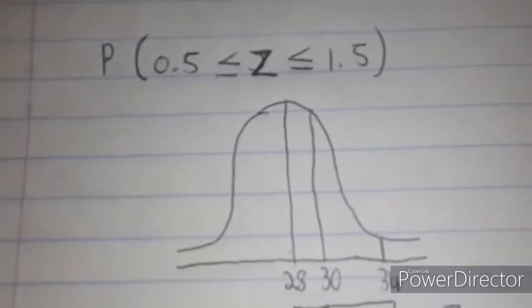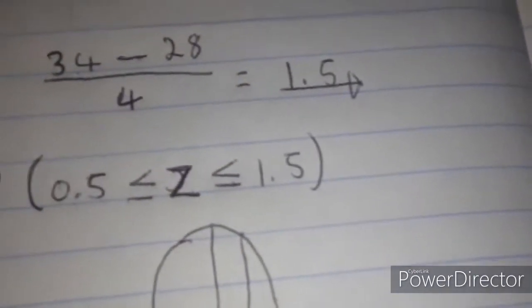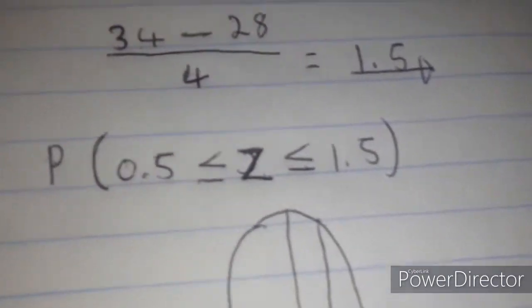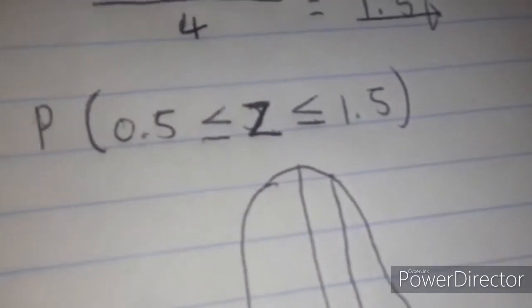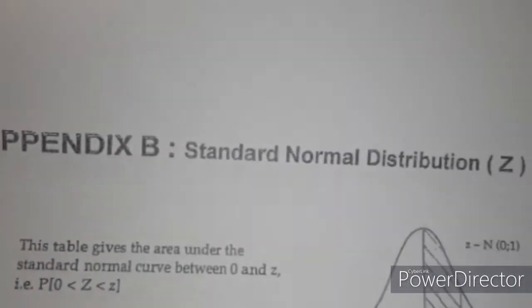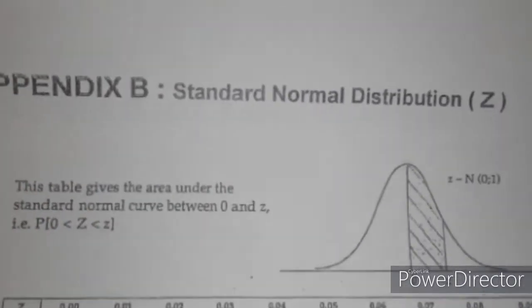Now we're going to check the probabilities of these z values on the normal distribution table. On the normal distribution table, there's the standard normal distribution table, which is the Z table.